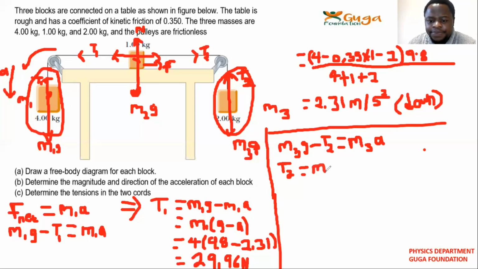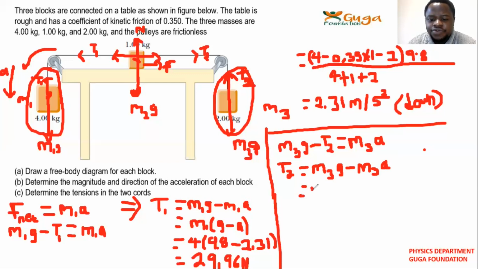your M3G, isn't it? Minus M3A. So you can come and take out here the common factor of what? M3.